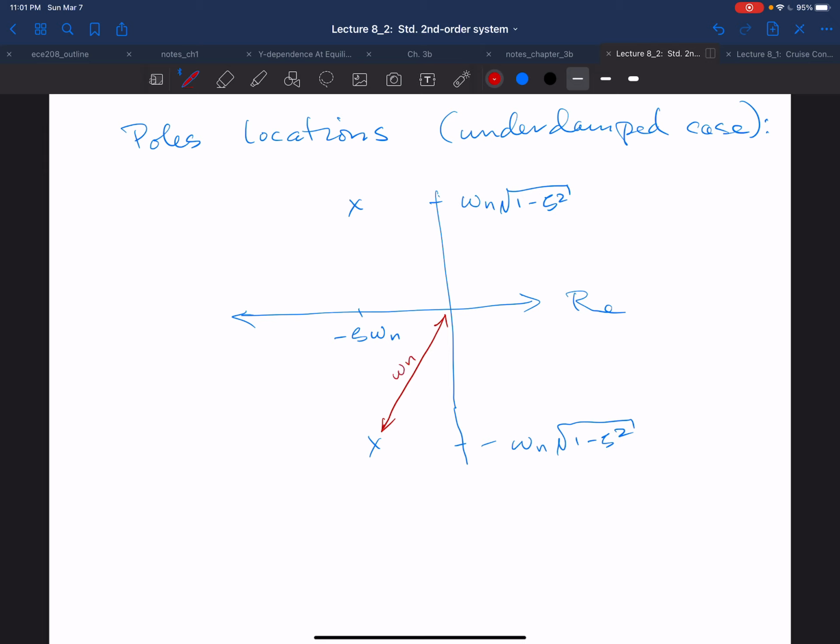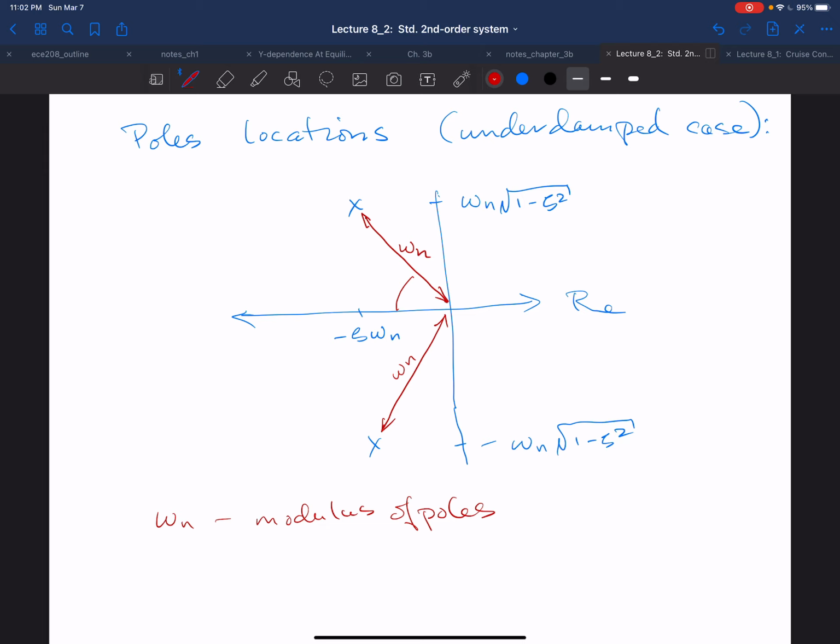In other words, it's the modulus of the poles.